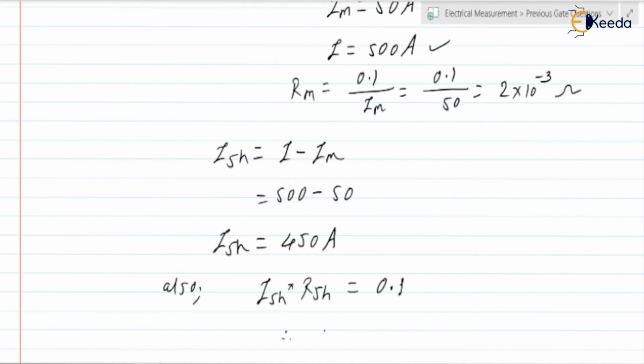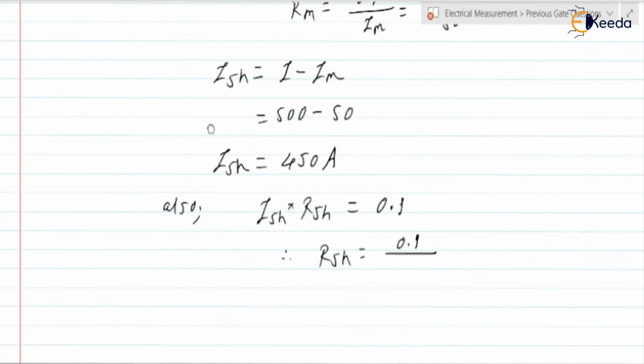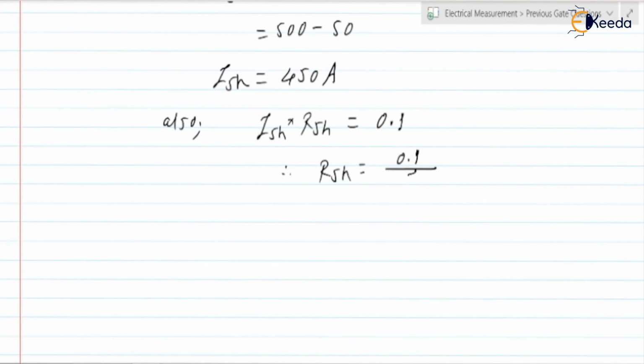Okay. So therefore RSH is equal to 0.1 divided by ISH. So we can write it as 0.1 divided by 450. So 0.1 upon 450.